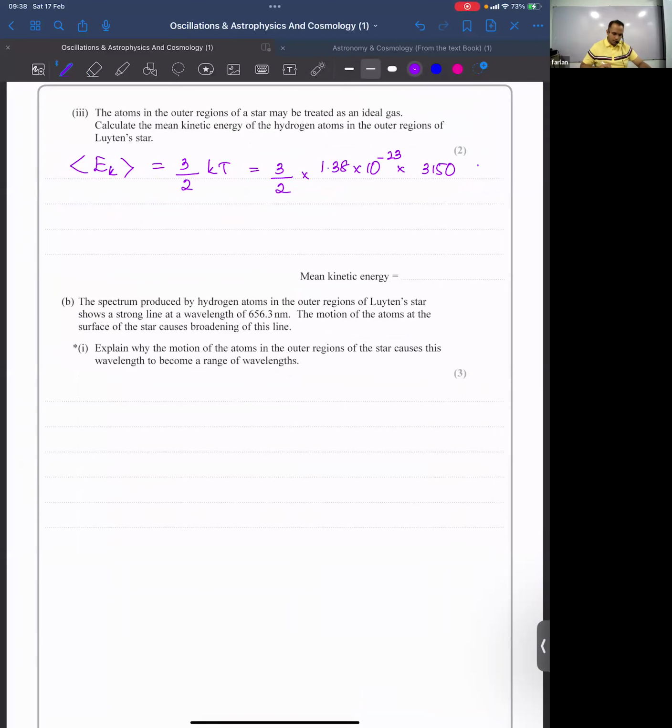The atoms in the outer regions of a star may be treated as an ideal gas. So for an ideal gas, mean kinetic energy, you use this equation, 3/2 kT, right? This k is a universal constant, so you can use it anywhere in the universe.